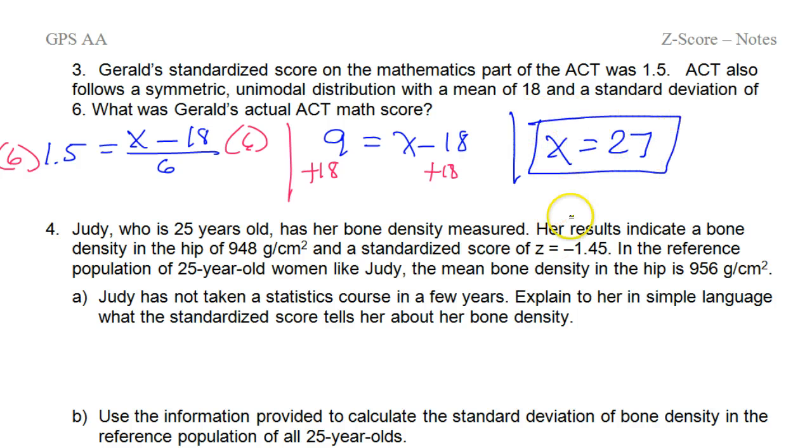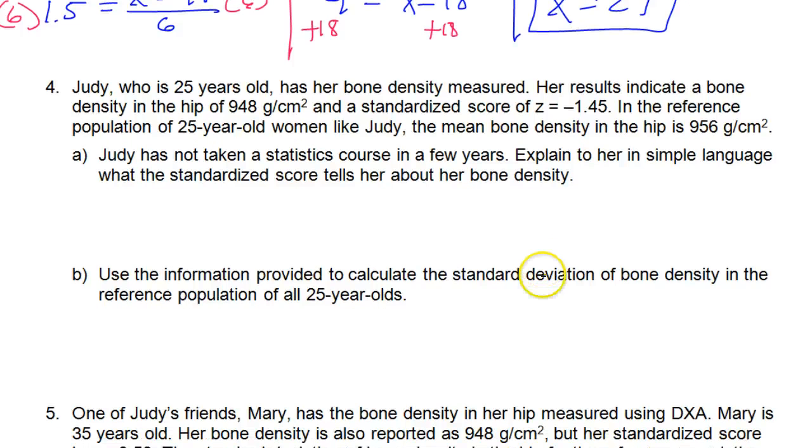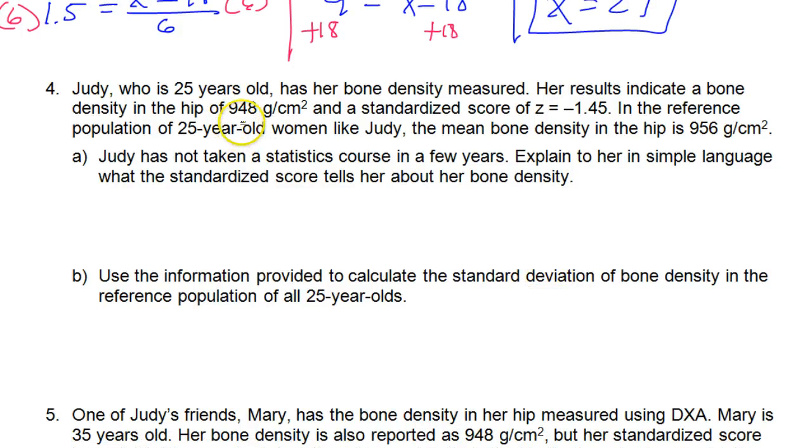Okay. All right, look at number 4. Judy, who is 25 years old, has her bone density measured. Her results indicate a bone density in the hip of 948 grams per square centimeter. A standardized score of negative 1.45.